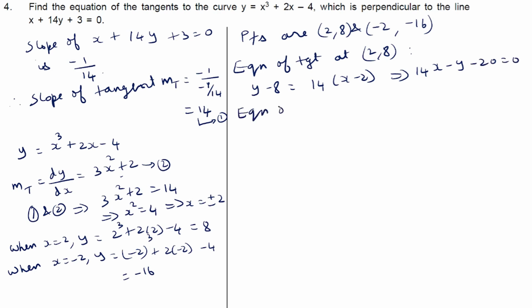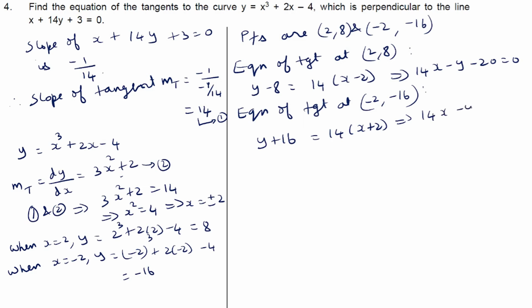Then the next equation is equation of tangent at minus 2, minus 16. It is y plus 16 is equal to 14 into x plus 2. Or from this we have 14x minus y plus 28 minus 16 is plus 12 equal to 0. So these are the 2 tangents to this curve which are perpendicular to this line.